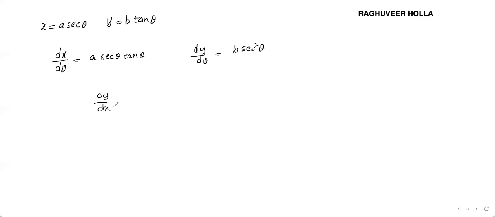So dy by dx is b by a cosecant theta. Simplifying it.